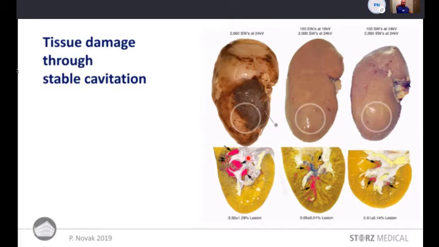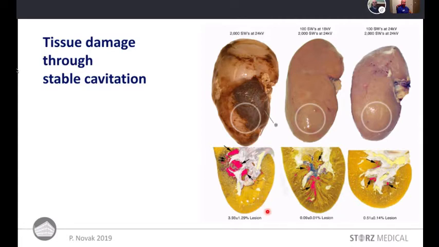And you see the experiment with kidney, where we have a lot of experience due to the treatment of kidney stones with shock waves. And as in many circumstances, we also observe formation of hematoma.